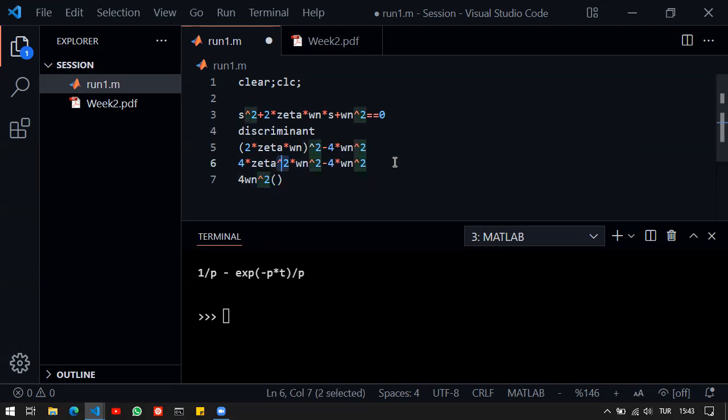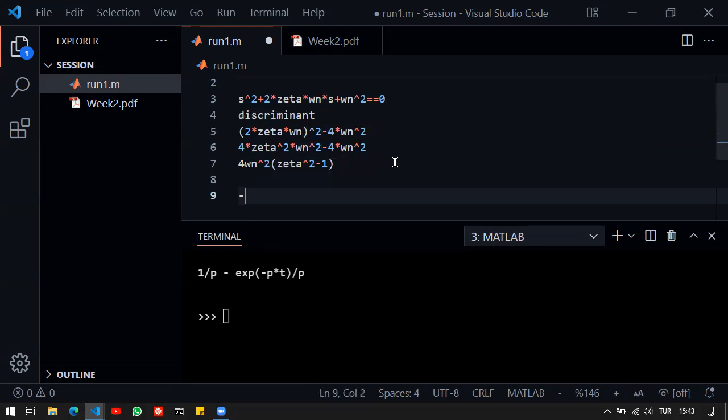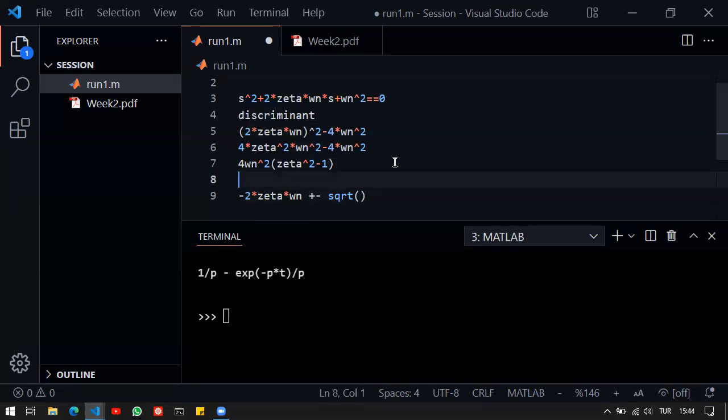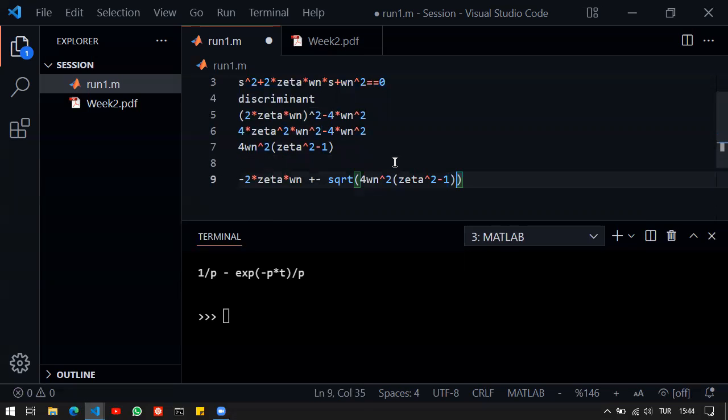So therefore, we would have zeta squared minus 1. Of course, for the exact solution, we need minus b, which is minus 2 times zeta omega n, and then plus or minus the square root of the discriminant, which is basically this stuff here, divided by 2a, where a is 1, so divide by 2.